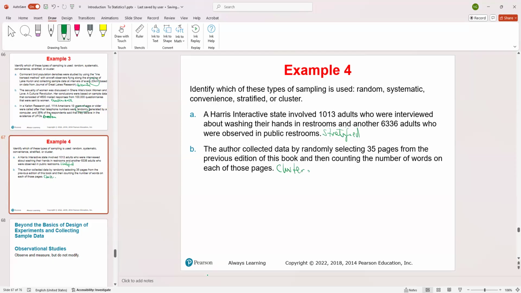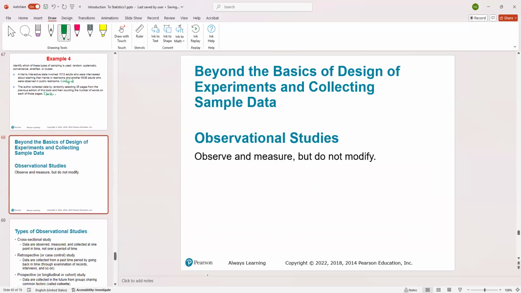What we're going to do is advise you to review and do more examples so you can master it better. It's essential, after you identify all the types of sampling methods, to move beyond the basics to the design of experiments and collecting sample data.